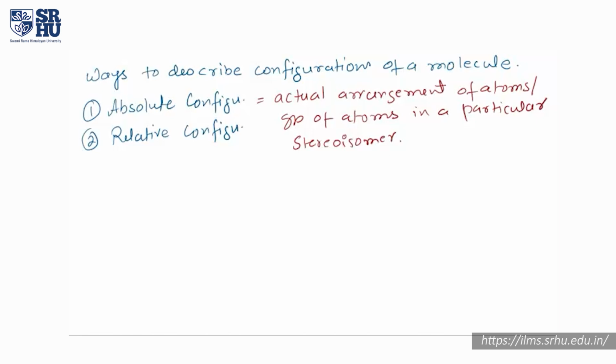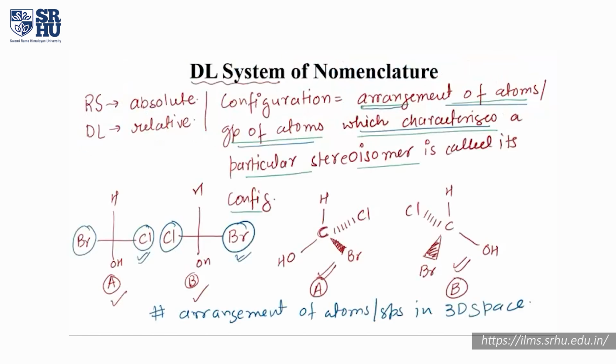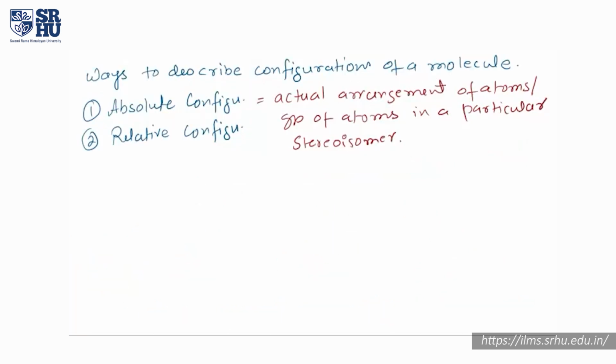So absolute configuration gives you the actual arrangement of atoms in 3D space. For example, let us take this A and B as our example. As you have seen, in A, H and OH were vertical, bromine was on the left-hand side, and chlorine was on the right-hand side.